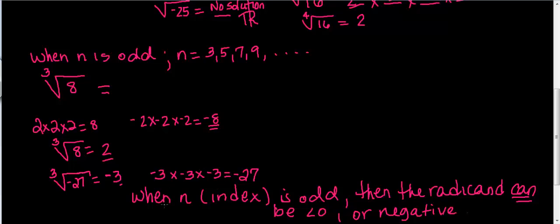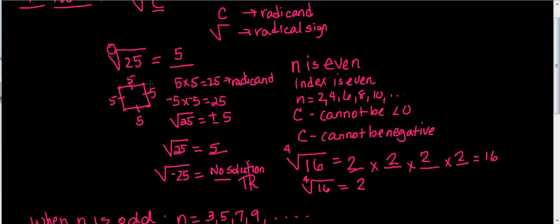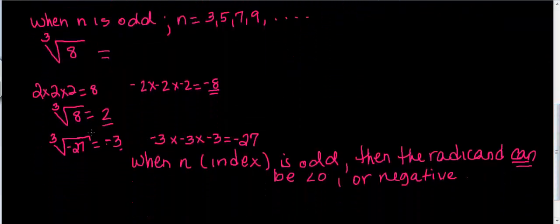Okay? So there you have a little introduction on radicals. This you probably learned in Algebra 2 or in algebra even, when you started doing square roots and cube roots and whatever number root. The two important things here is that when I have an even root, I cannot have a negative as a radicand. And when you have an odd root, you can have a negative radicand.